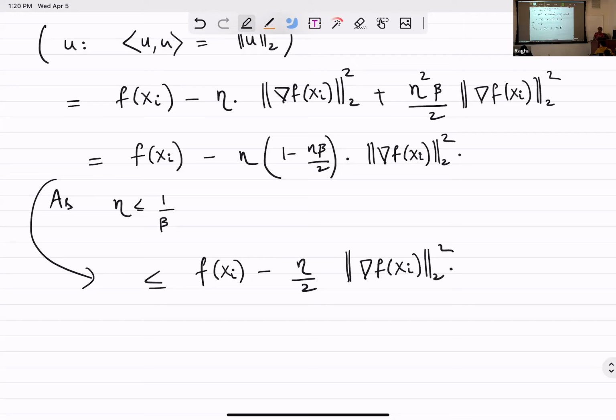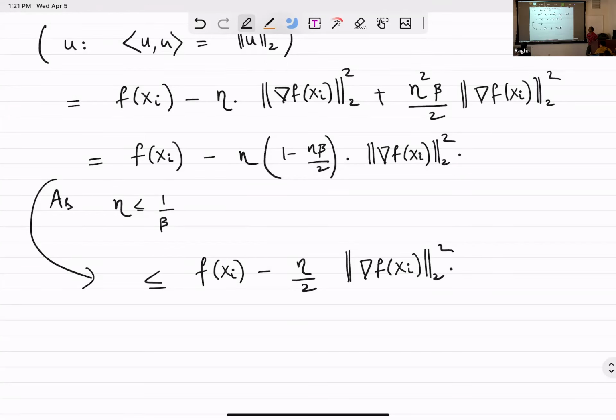Usually we assume that all of the step sizes are the same. That's a good question. They don't have to be. Let me say a few words about that in a second, but you can try and use different step sizes.